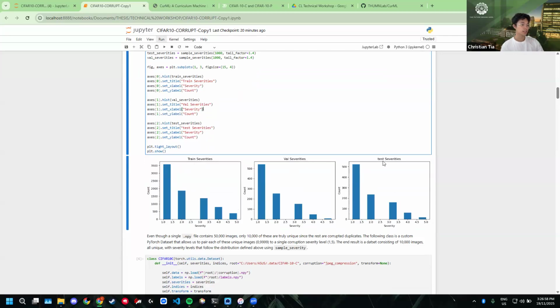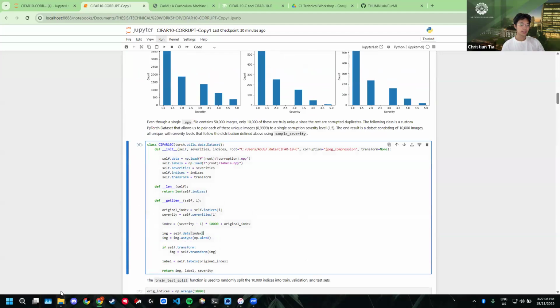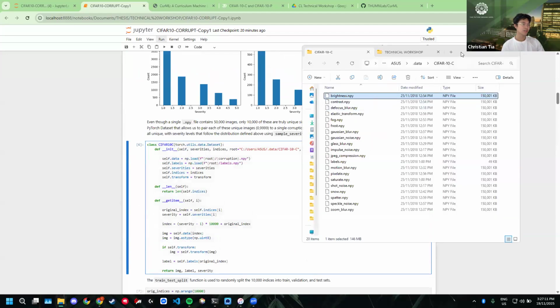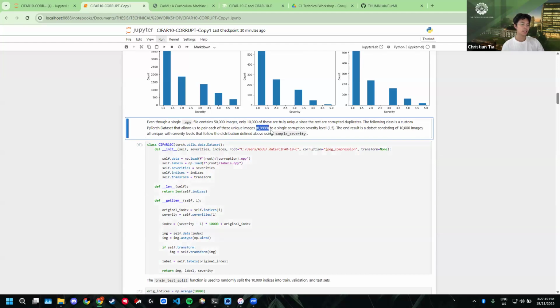On the other hand, the val and test severities that we'll be using would only have very few of those very severe examples. Since the data set file itself consists of 50,000 images, I created this custom PyTorch data set that will allow us to pair just the unique index, from 0 to 9,999, to a corruption level.